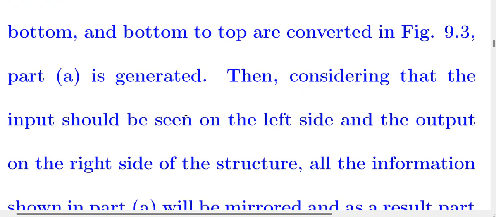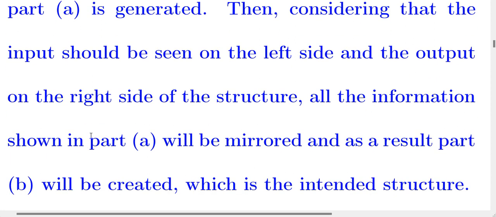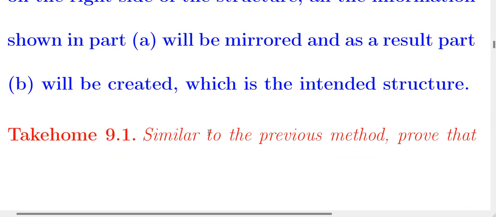Then, considering that the input should be seen on the left side and the output on the right side of the structure, all the information shown in part A will be mirrored, and as a result, part B will be created, which is the intended structure.